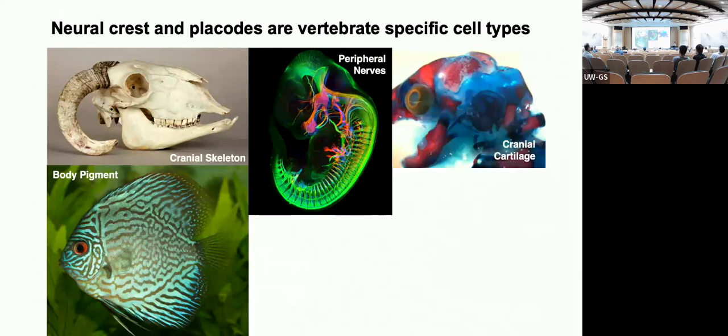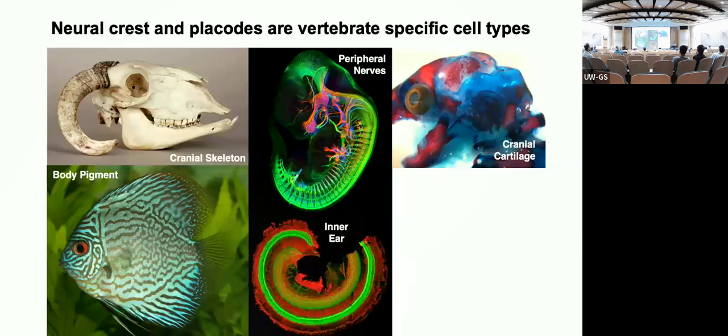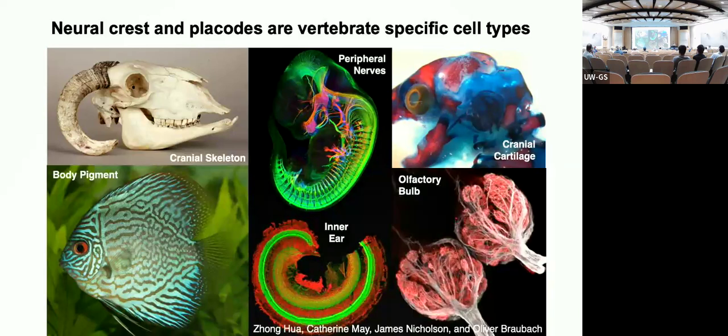And then there's another cell type, placodes, which produce the sensory structures of our ears and of our nose. And so these are believed to be very important for the success of all vertebrates, right? I mean, it kind of puts you at the top of the food chain if you have a jaw and you can sense your environment very well.